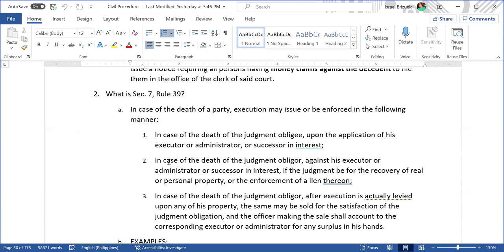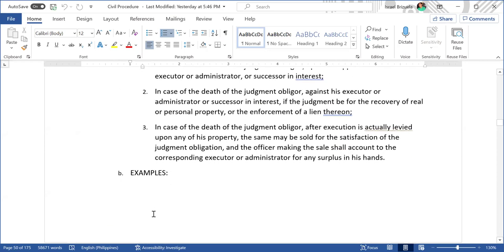If the judgment be for the recovery of real or personal property or enforcement of a lien thereon, in case of death of the judgment obligor after execution is actually levied upon any of his property, the same may be sold for the satisfaction of the judgment obligation, and the officer making the sale shall account to the corresponding executor or administrator for any surplus in his hands.